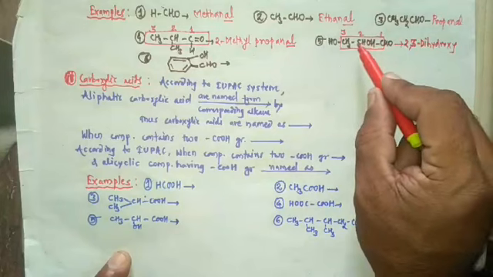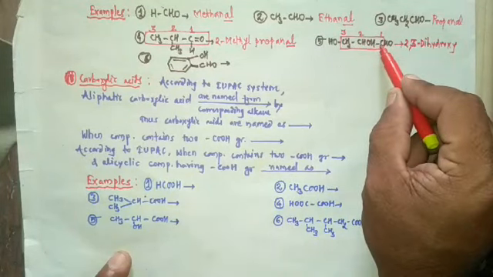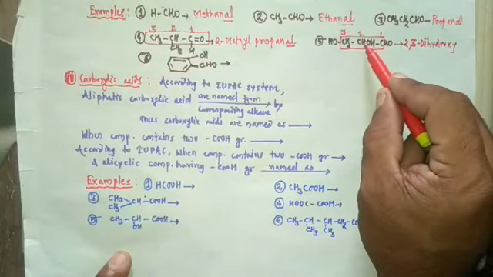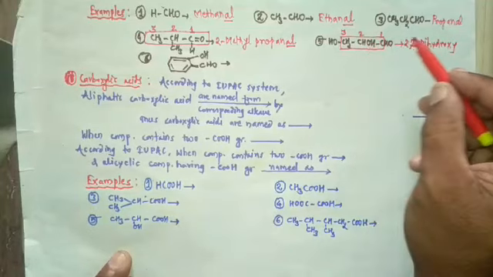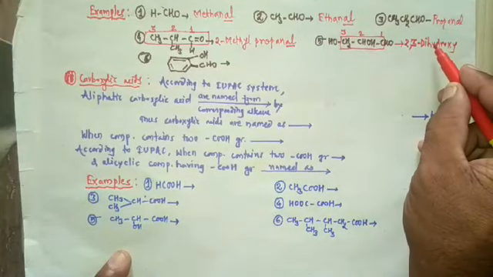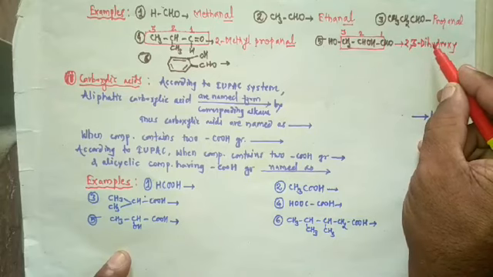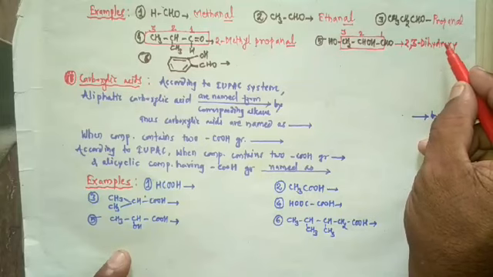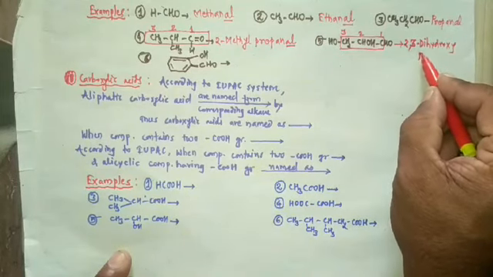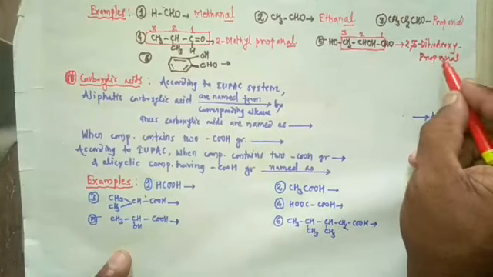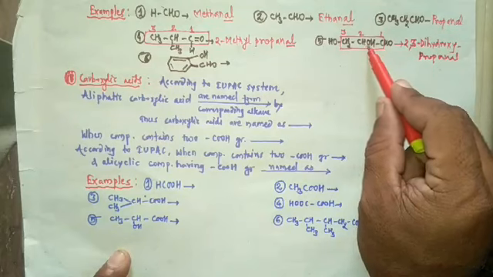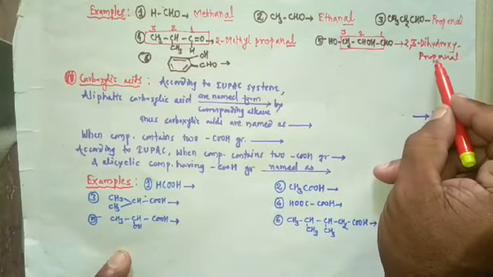It contains three carbon atoms, so the parent alkane is propane. Replace the final letter E of propane by al, and we get propanal. So the IUPAC name of this compound is 2,3-dihydroxypropanal.